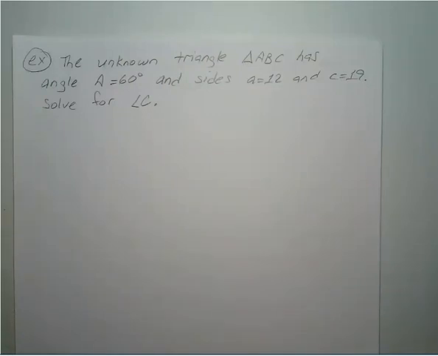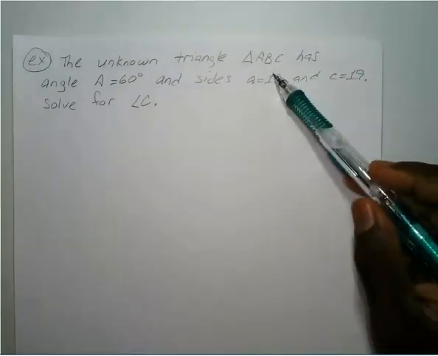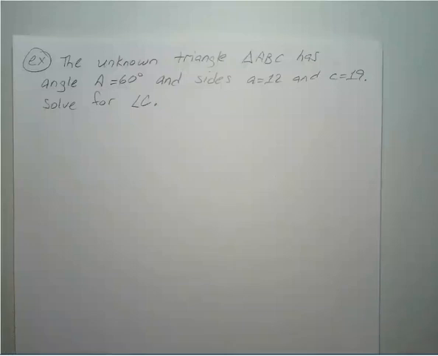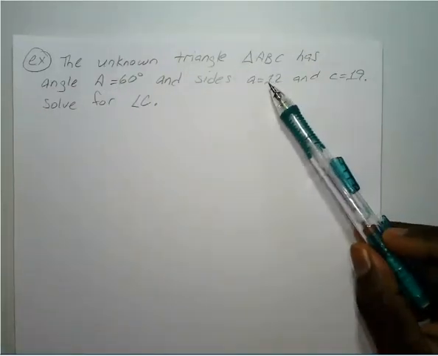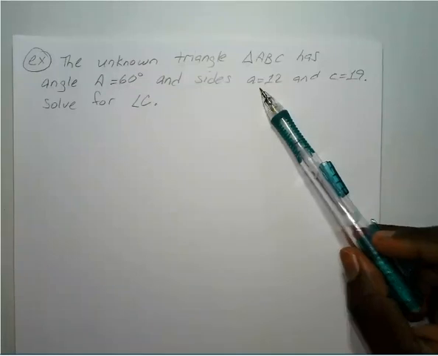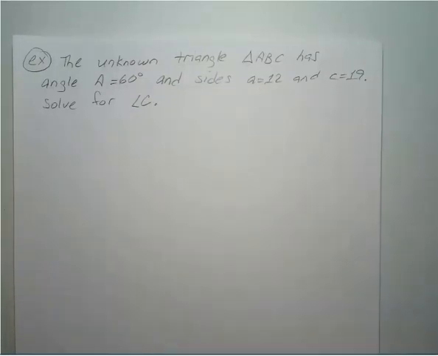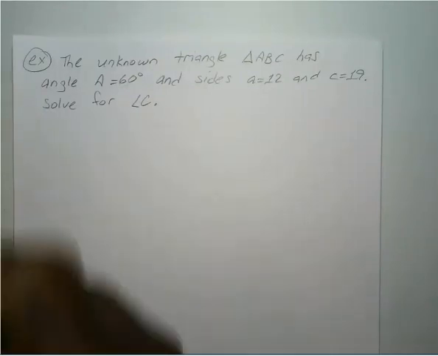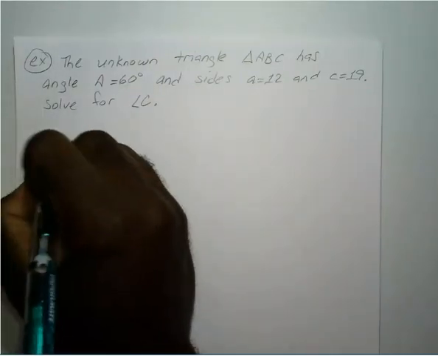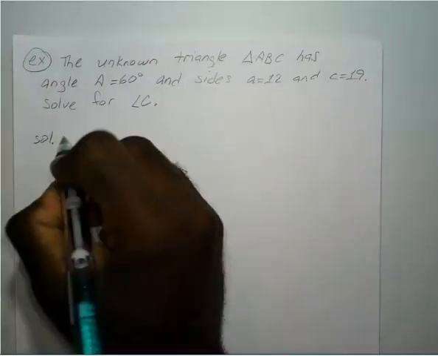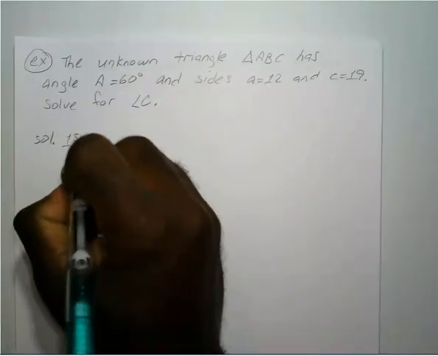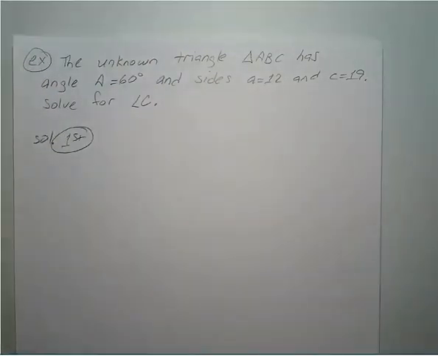Okay, so let's say the unknown triangle ABC has angle A equals 60 degrees, and side A equals 12, and side C equals 19. Let's say we want to solve for angle C. The first thing I always do when they don't give you a triangle is I sketch the triangle.